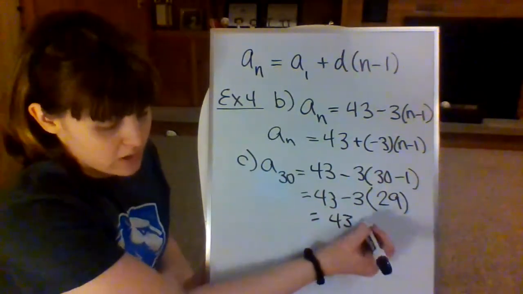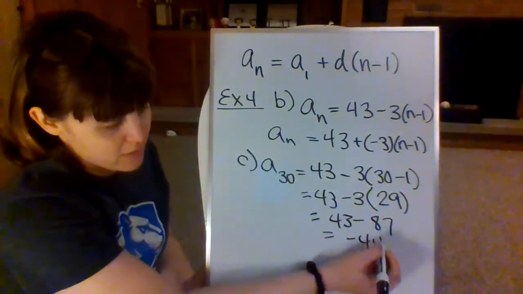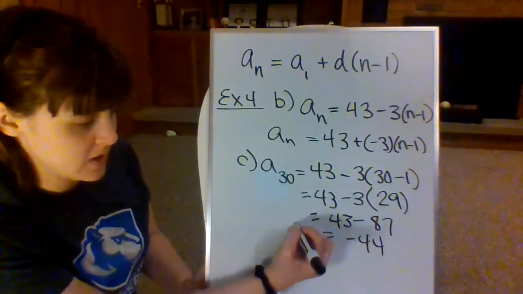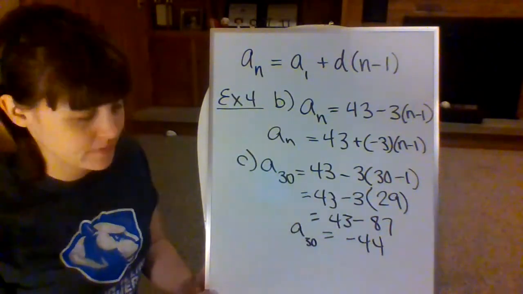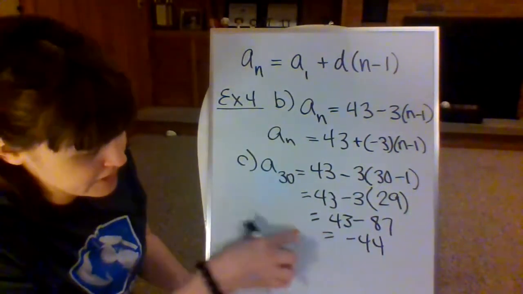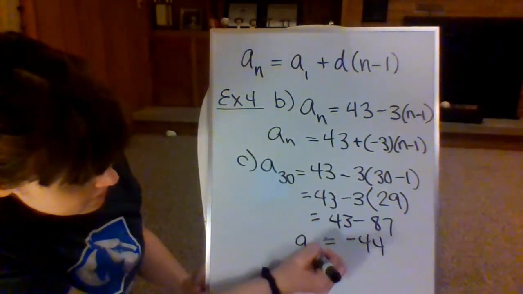So 43 minus 87 is negative 44. So the 30th term is negative 44. And I can write that a little better so it's not as slanted. There you go.